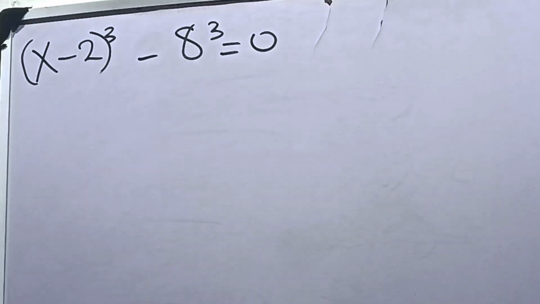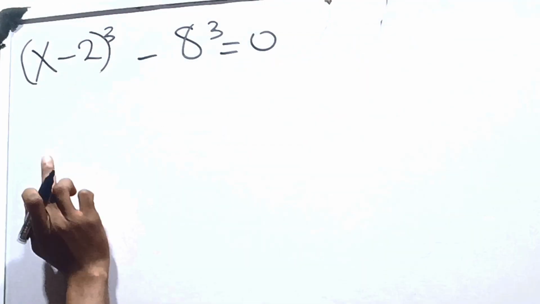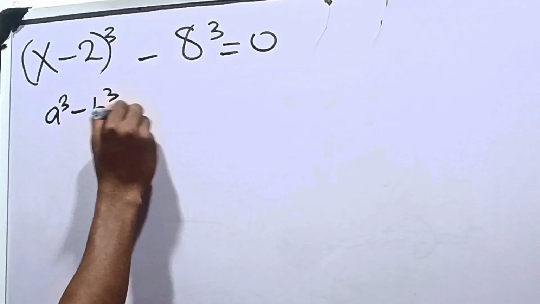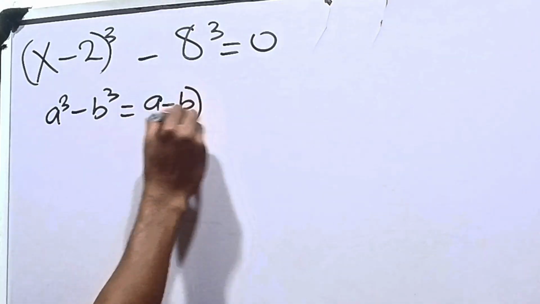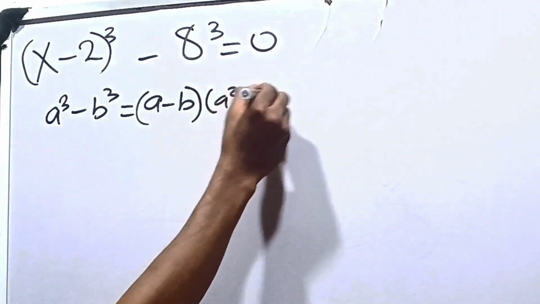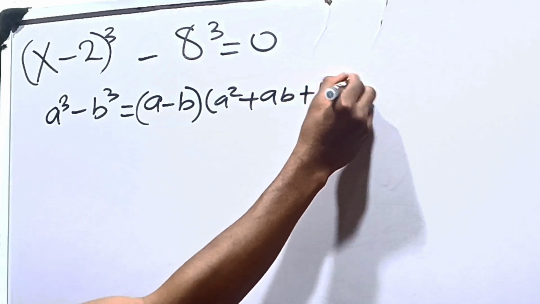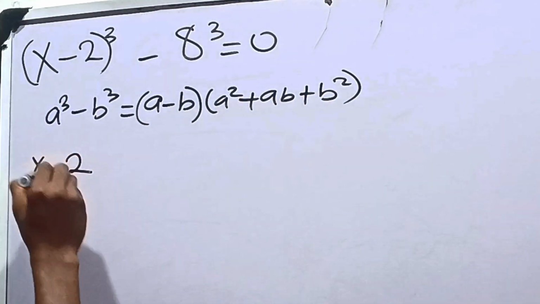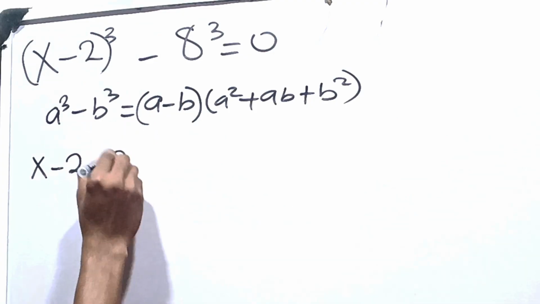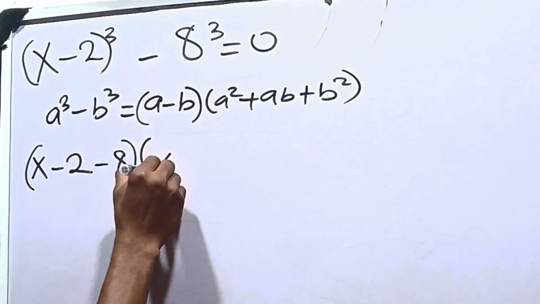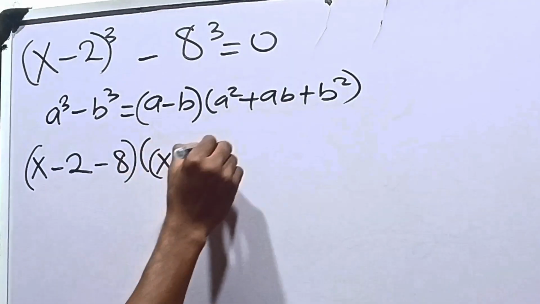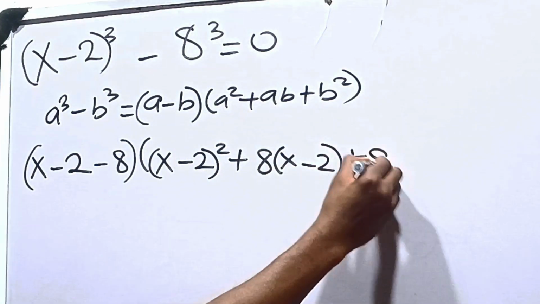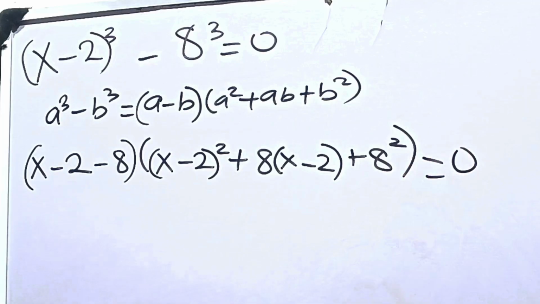Now moving on from here, we now have difference of two cubes. The difference of two cubes says that when we have a cubed minus b cubed, it's equal to a minus b into a squared plus ab plus b squared. Applying this law here, we have (x − 2 − 8) multiplied by ((x − 2)^2 + 8(x − 2) + 8^2) is equal to 0, okay?